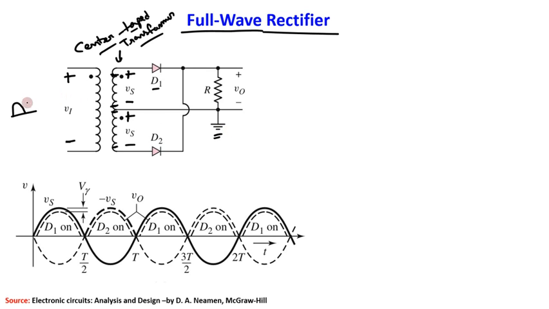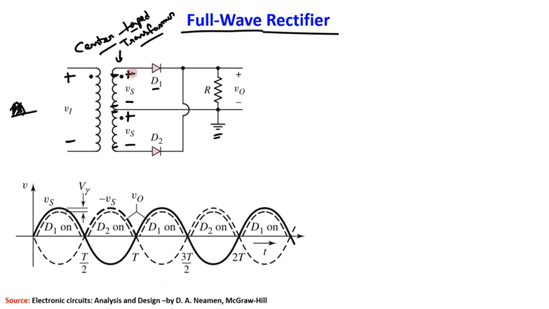During the positive half cycle, which we are denoting with this black color, this is positive, this is negative, and both voltages are equal.